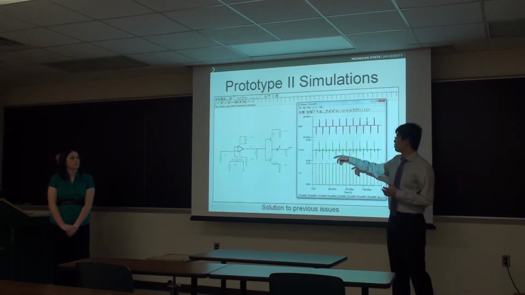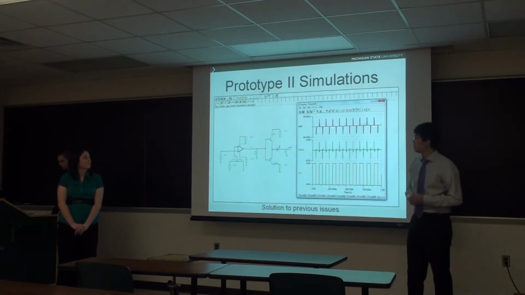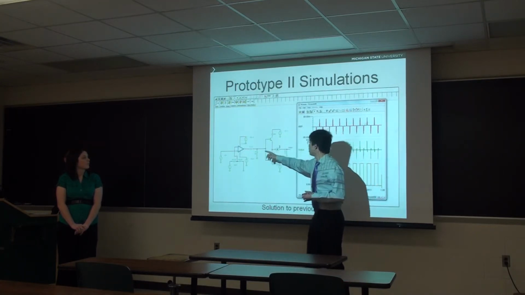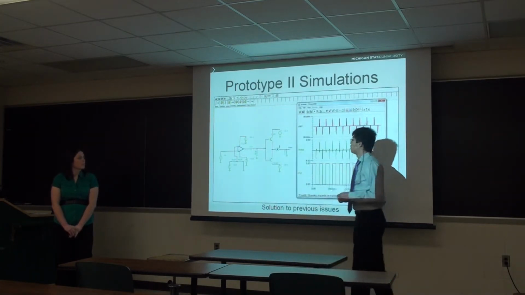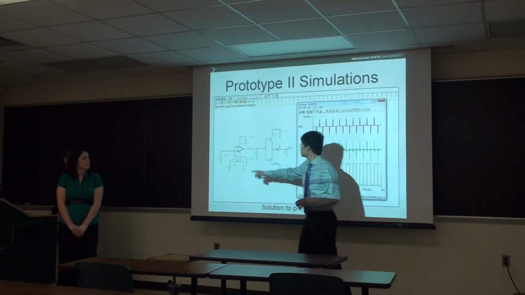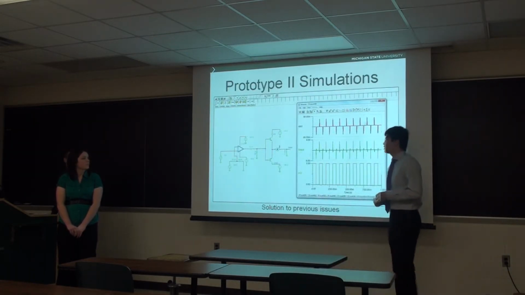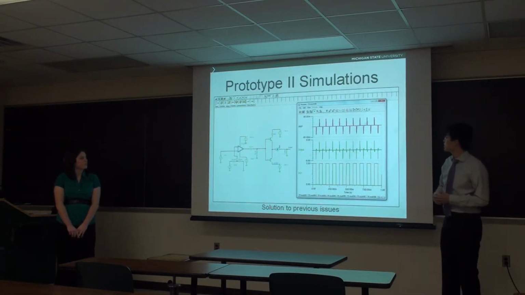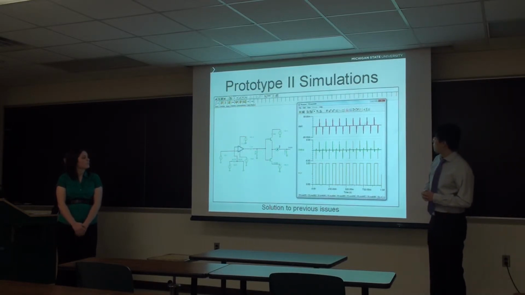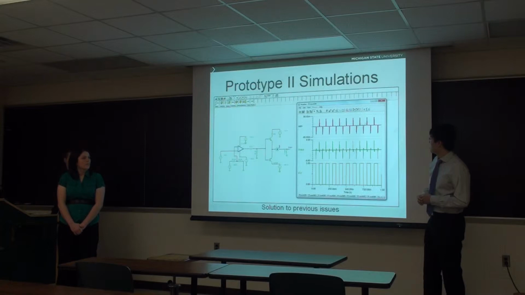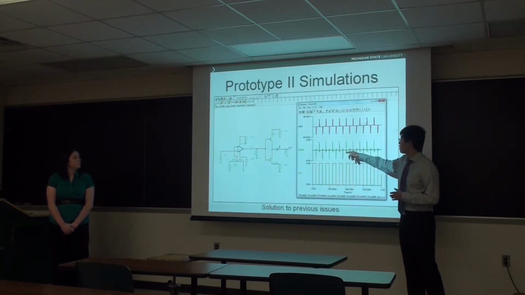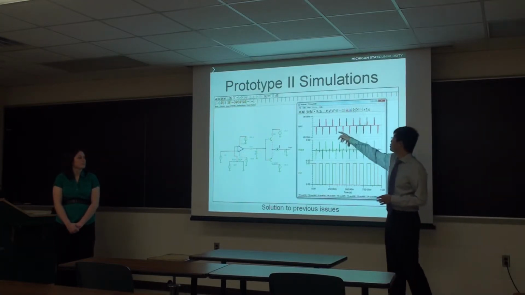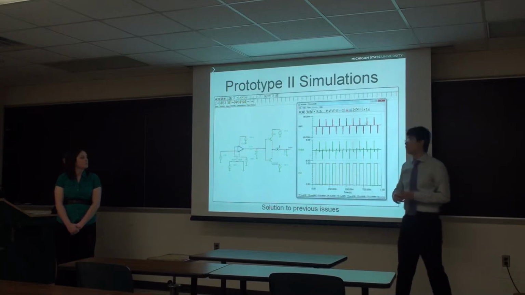So this is our revised circuit. It includes the addition of the comparator and the differentiator. The input signal comes from the microcontroller, which ranges from 0 to 5 volts. From the simulation results, we can say when the input signal is rising, the output voltage signal is a positive pulse, which corresponds to the current in the solenoid.